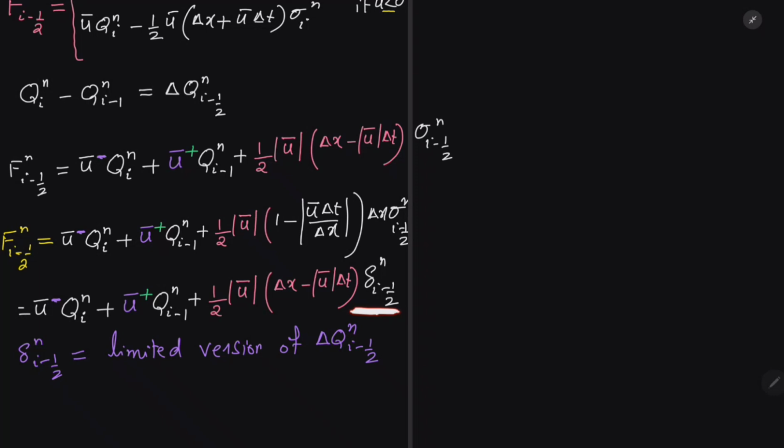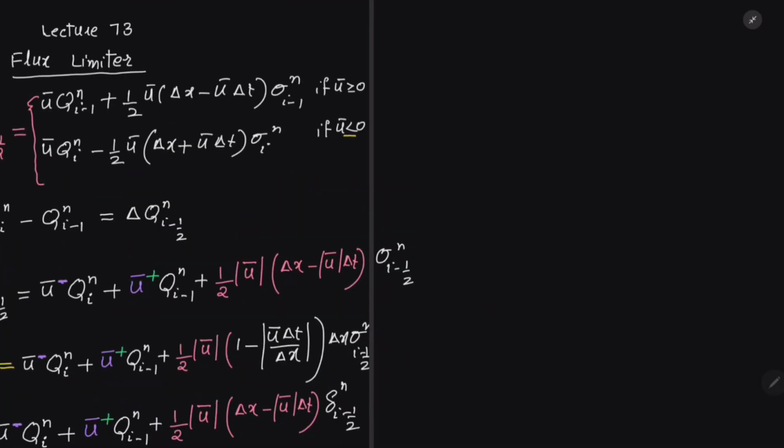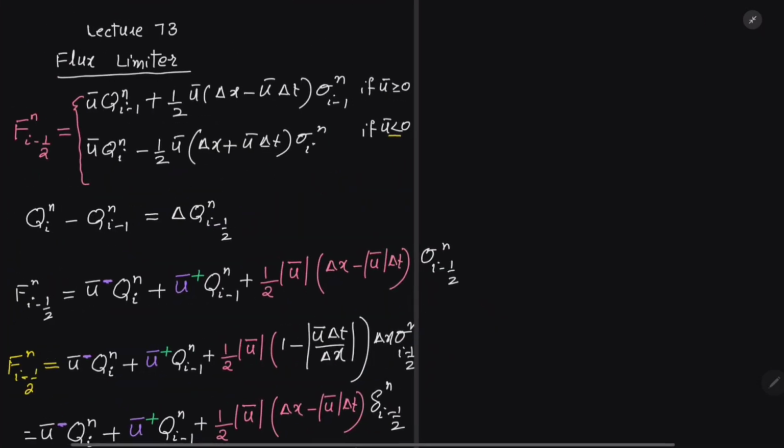So this is a modification, a kind of modification in delta Q_{i-1/2}. When you change that, you get a different numerical method. So rather than calling it delta Q, we can develop many numerical methods by changing this delta_{i-1/2}.